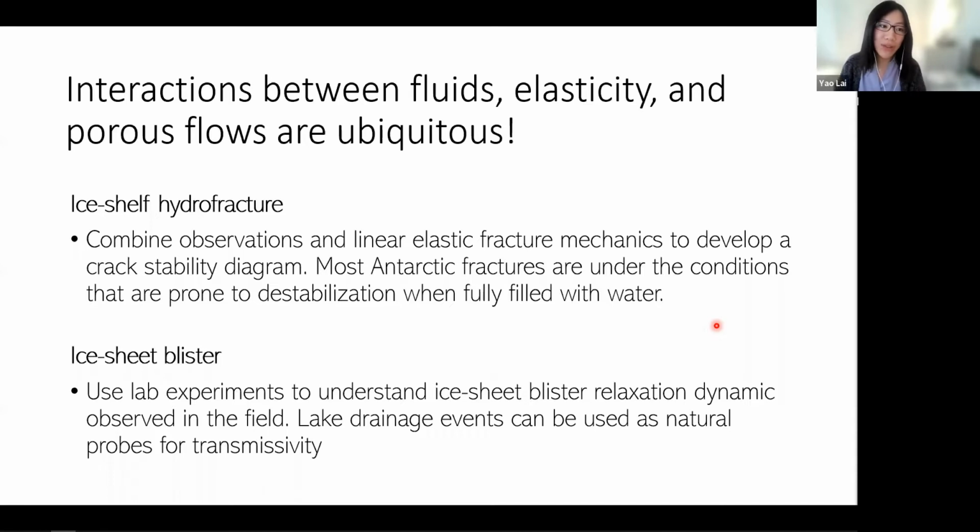First, about ice shelf hydrofracture, where we combine observations with fracture mechanics to develop a crack stability diagram and show that most Antarctic fractures are under conditions prone to destabilization when fully filled with water. The second story, about ice sheet blisters, uses a lab experiment to understand ice sheet blister relaxation observed in the field. We also can use this lake drainage event as a natural probe for transmissivity, which is typically challenging to measure in the field.